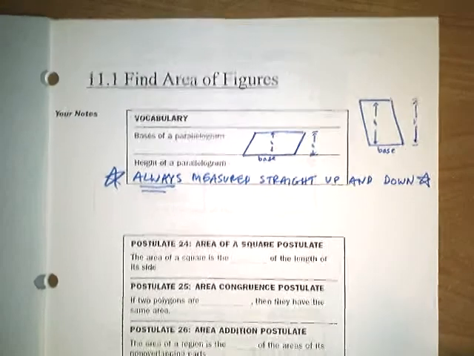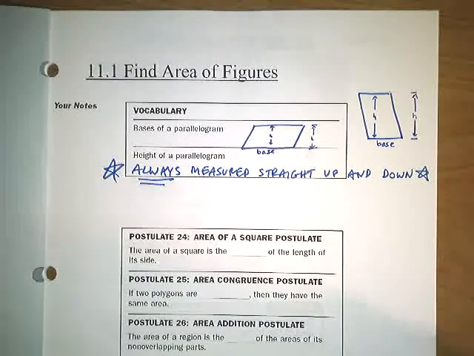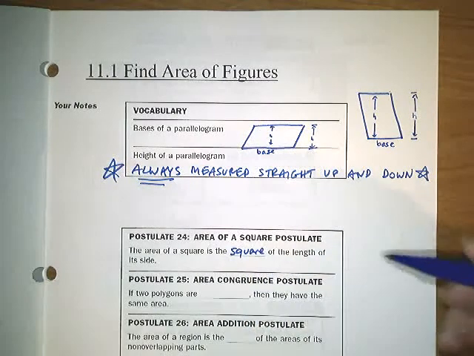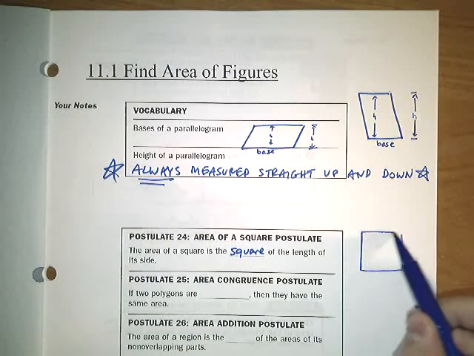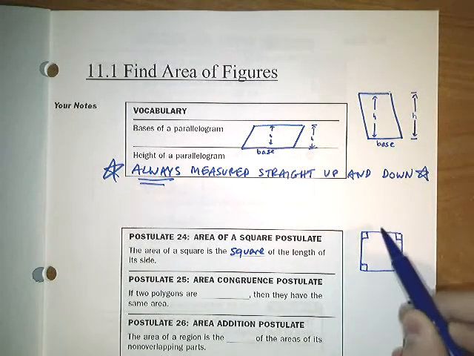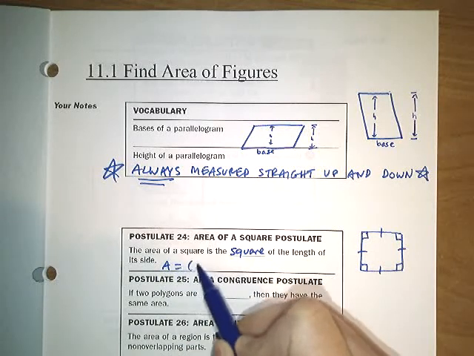A few little postulates here. Basically, they just say that the area of a square is the square of the length of a side. Now, I always say that a square's area is side times side.